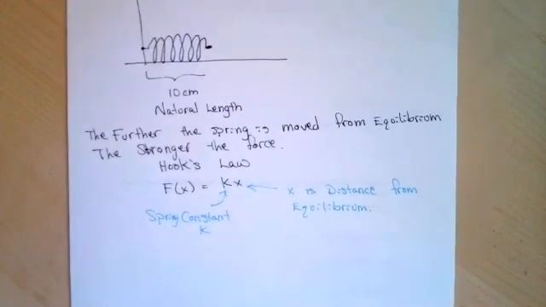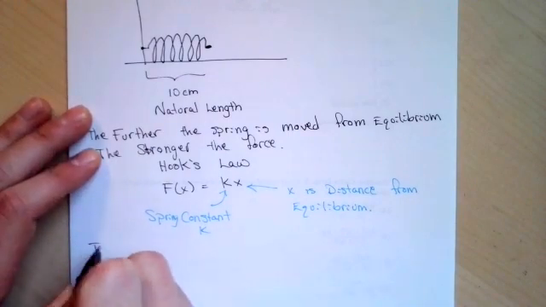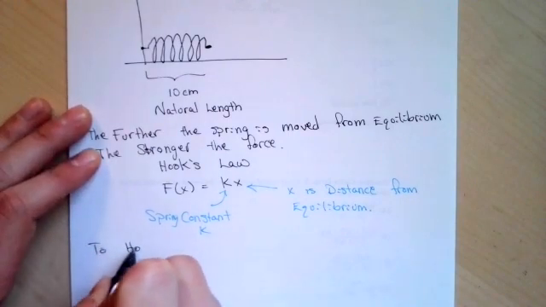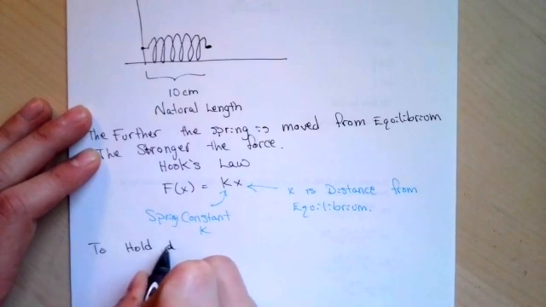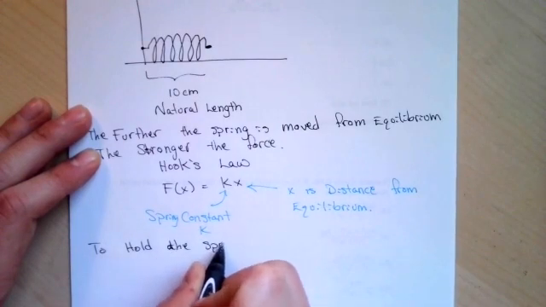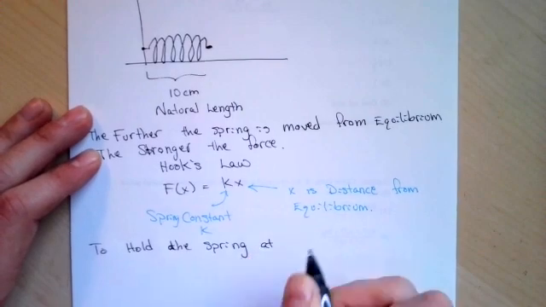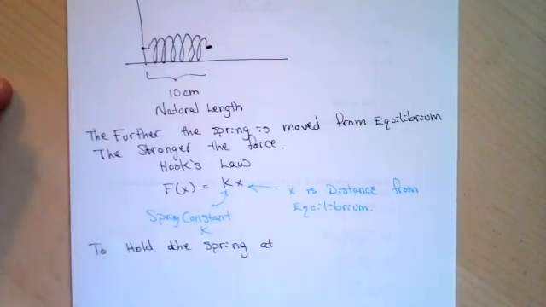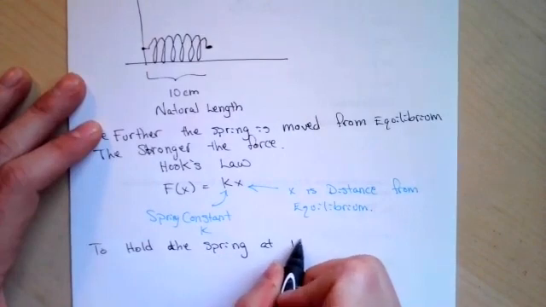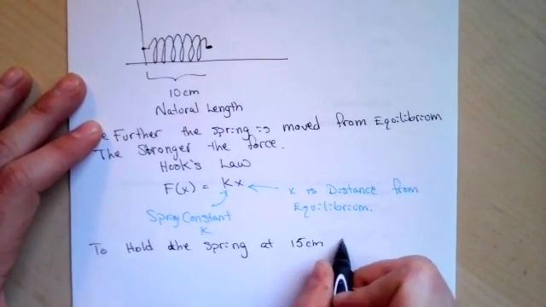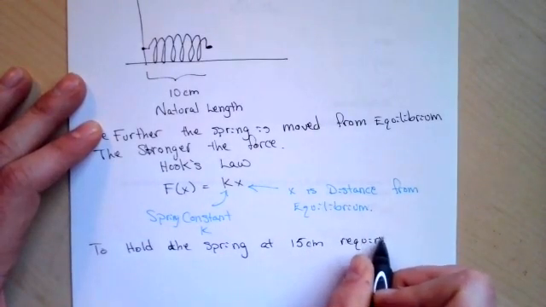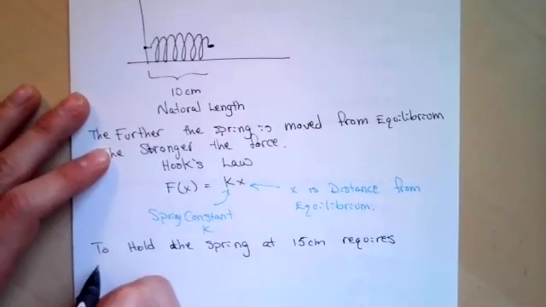So naturally, what we're going to have to do in these problems is, one, we need to figure out the spring constant for a given situation. So oftentimes we are given something like, to hold the spring at 15 centimeters requires 40 newtons of force.